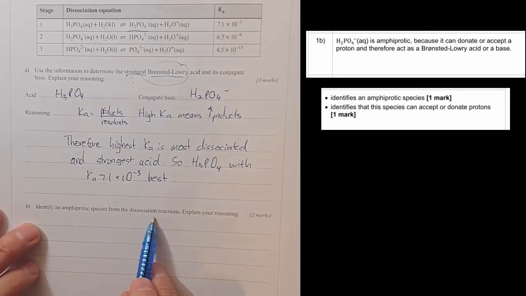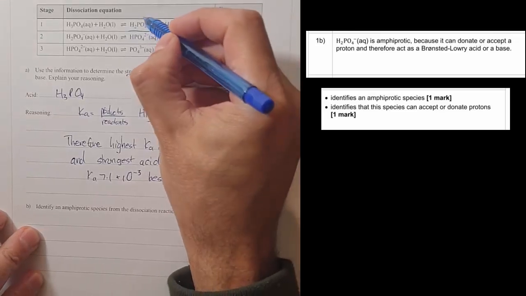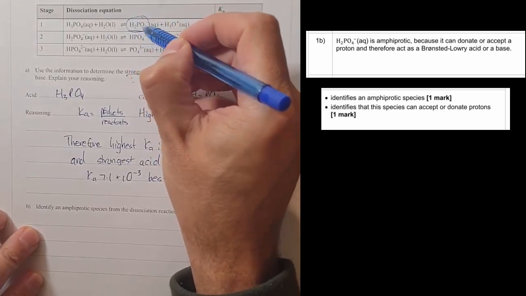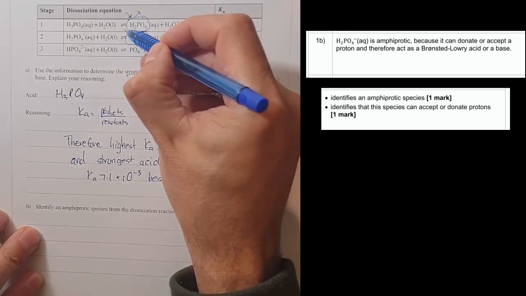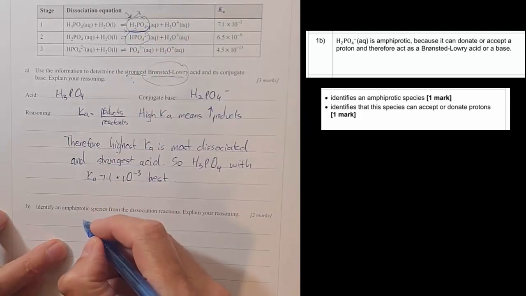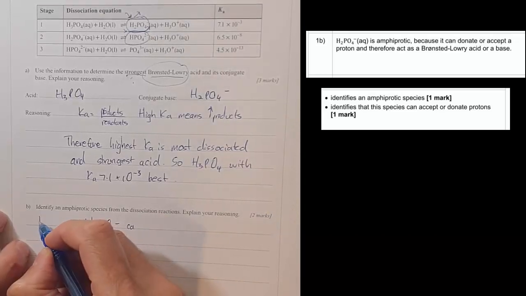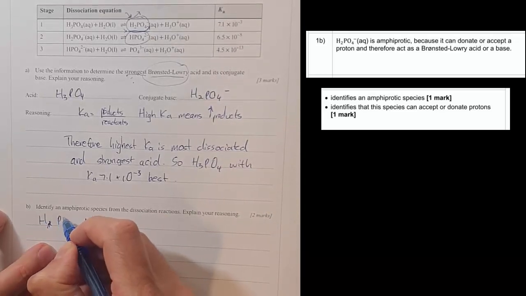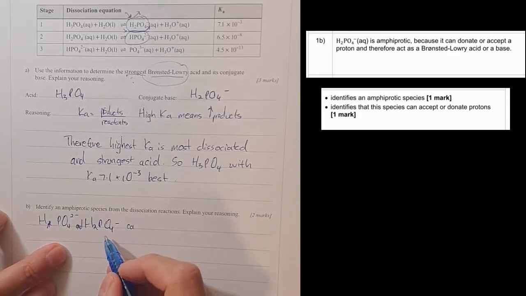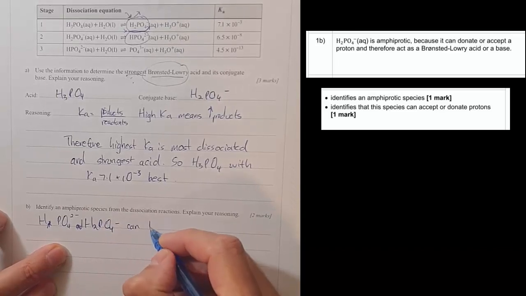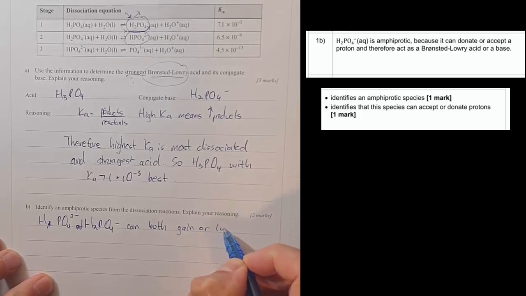Identify an amphiprotic species from the dissociation reactions. Okay, so the ones that can give and take both protons. So this one here can gain to H3 and then go to H, and so can this one. This one can go to H2 and then can go to H3. So H2PO4 minus and HPO4 2 minus can both gain or lose protons.